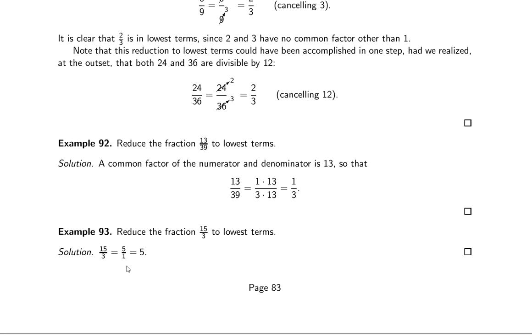So we've simplified it to 5 over 1. And yeah, don't leave it like that. It looks a bit funny. Any number over 1, just write that as a whole number. So the answer here is 5. All right, so that's that section.